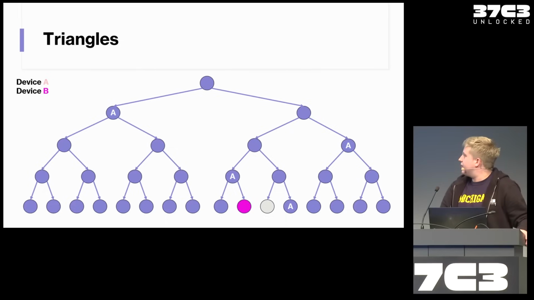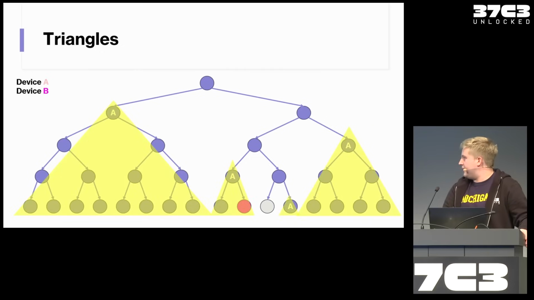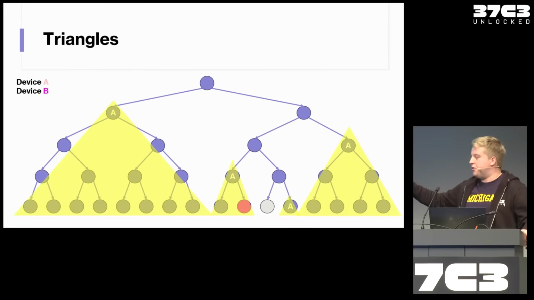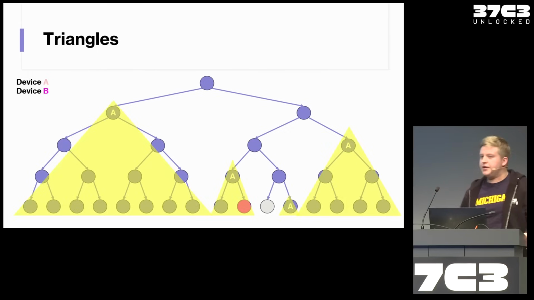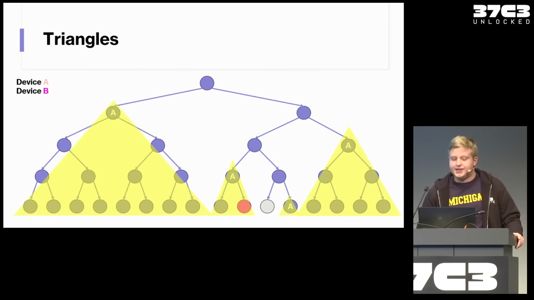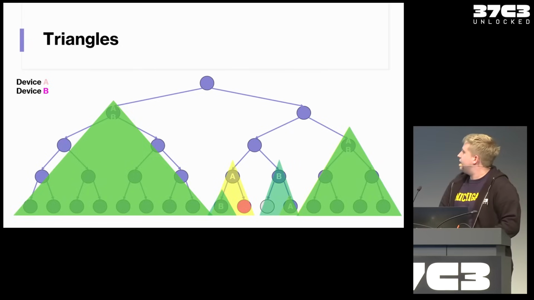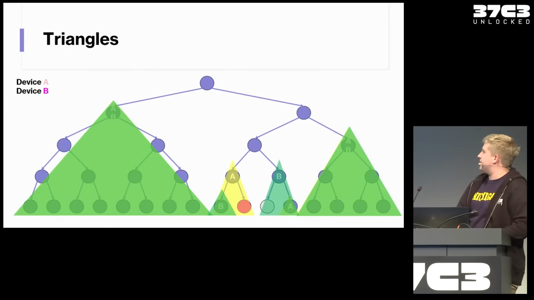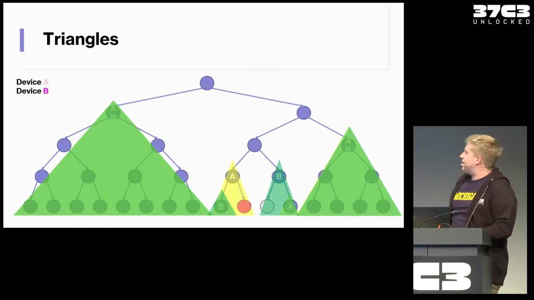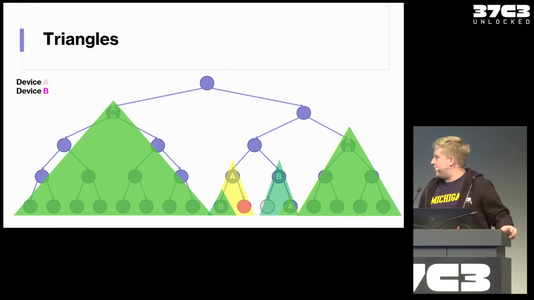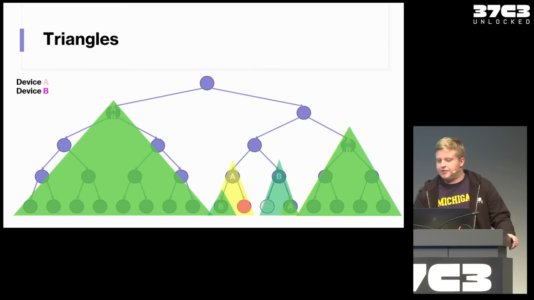Well, if we give A these device keys, it can derive all subkeys shaded in yellow. But notice again, there exists that path from its own unique white device key to the root of the tree, along which it cannot derive any keys. So similarly, device B, given that set of keys, has its own unique path from the base of the tree to the root, along which it cannot derive any nodes.